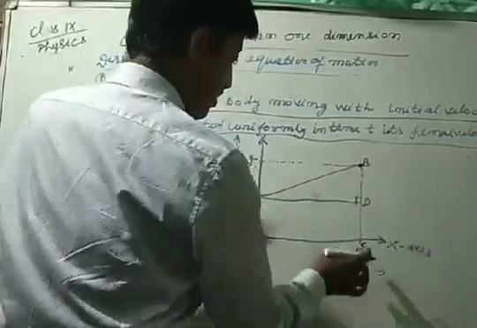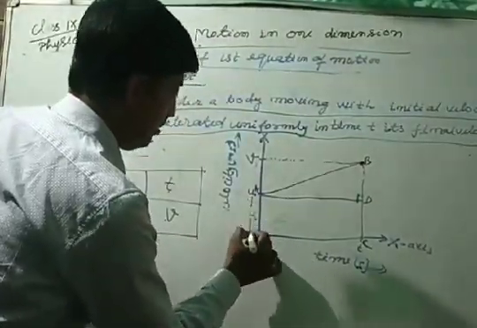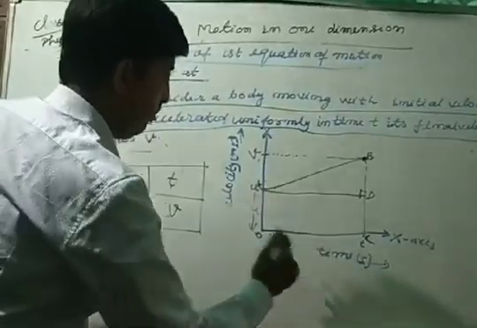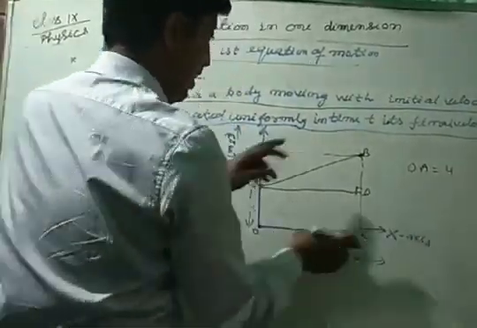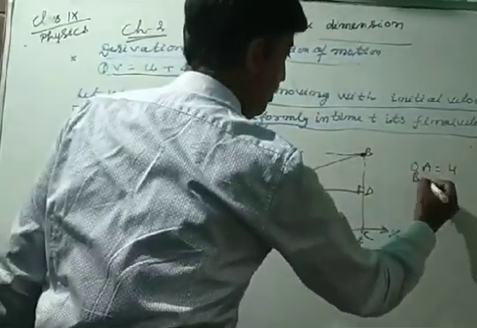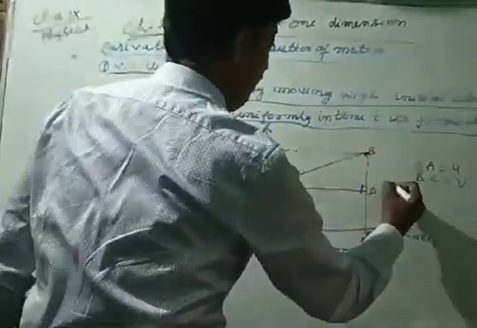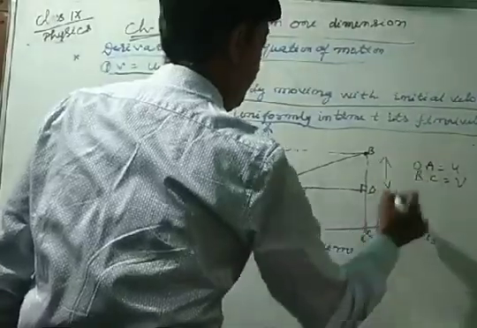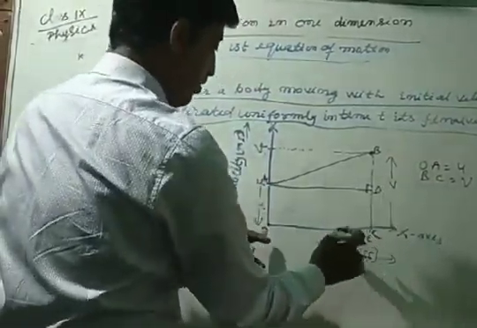So OA is equal to u and BC is equal to v, and AD is equal to t.